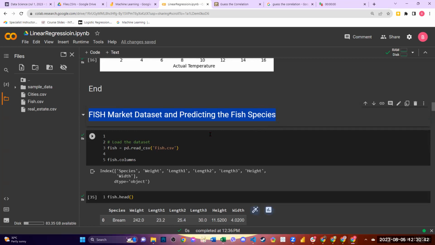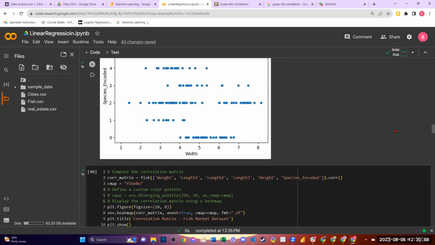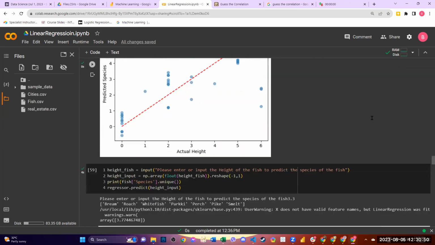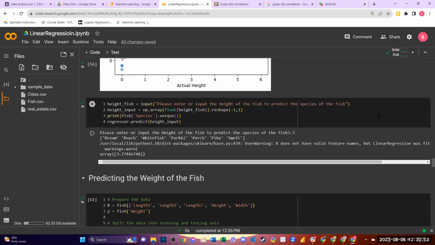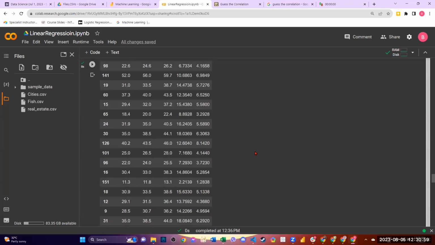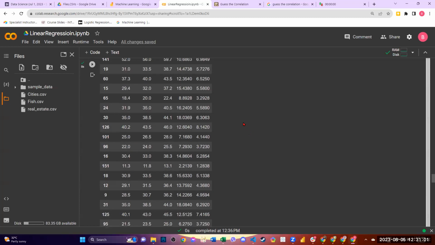We will be talking about logistic regression for our next session, which is session 6. Okay?